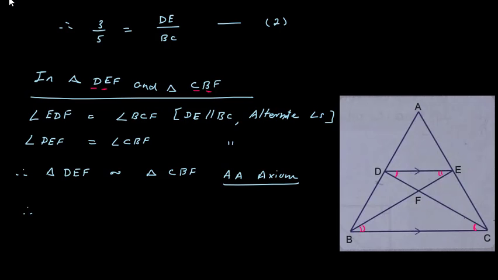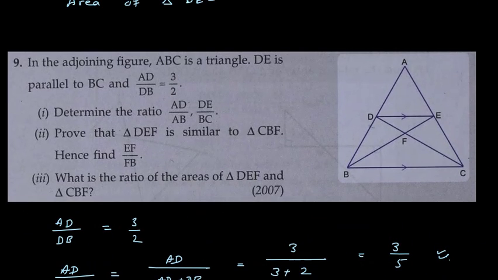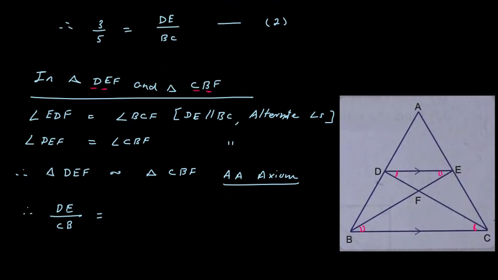So you can say that DE upon BC, or CB, will be equal to, now what you have to find, EF upon FB. So this is equal to EF upon FB, or BF. Now the value of DE upon BC is 3 upon 5.